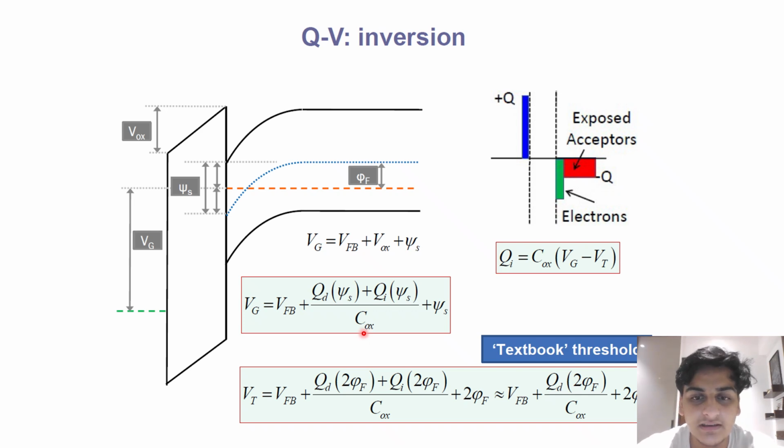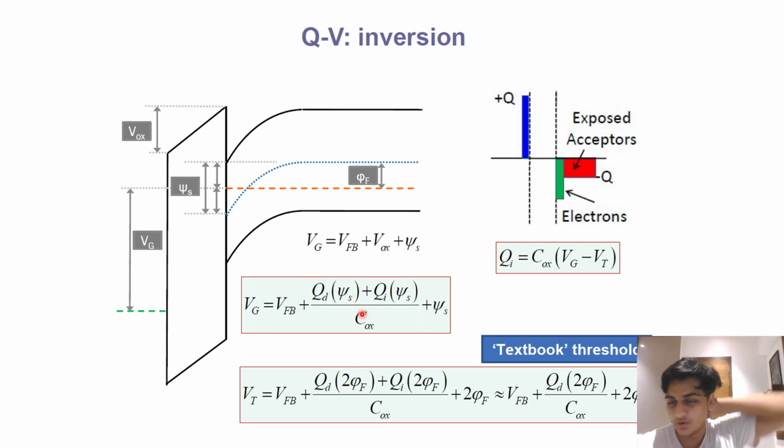This is true for all cases of inversion, but for the threshold, which is the first voltage at which inversion starts, we are talking about the case where psi s is equal to twice phi f, because this becomes then as n-type as this is p-type.